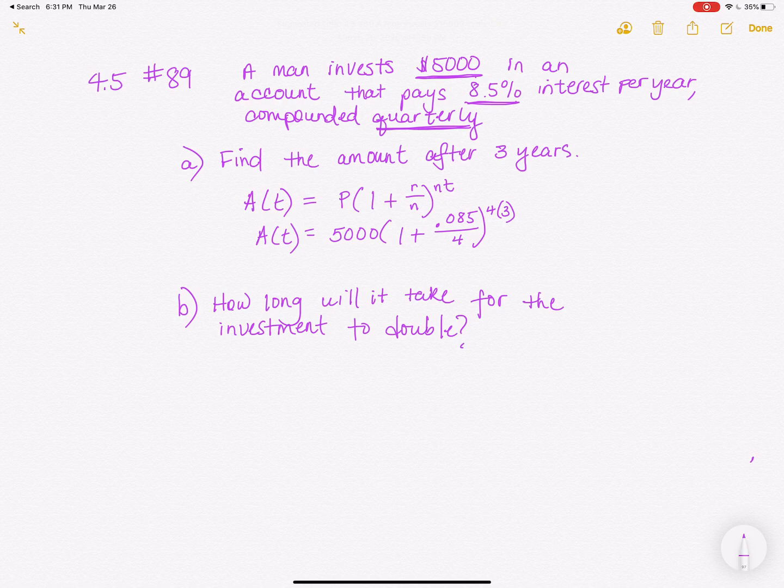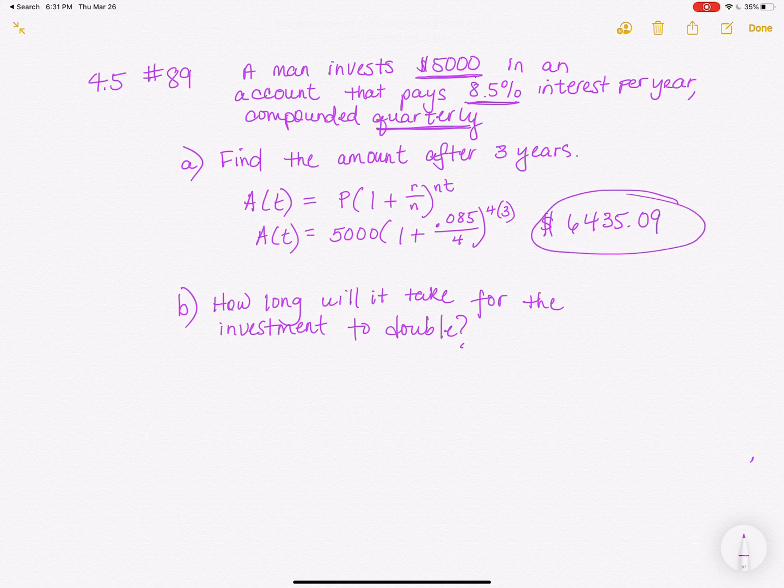And so when you're plugging this in your calculator, make sure you use your order of operations. So you're going to do 1 plus 0.085 divided by 4. You're going to do all that raised to the 12th, and then multiply that by 5,000. And you'll end up getting $6,435.09 after 3 years.